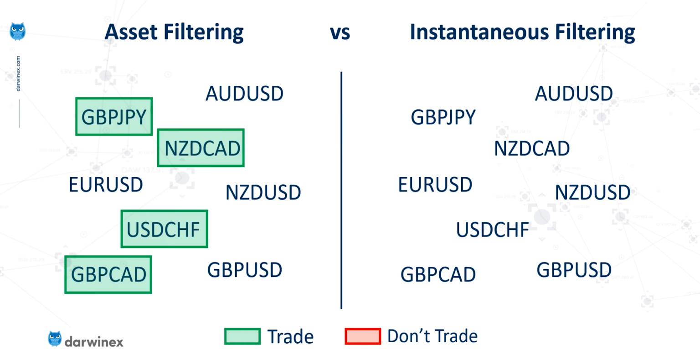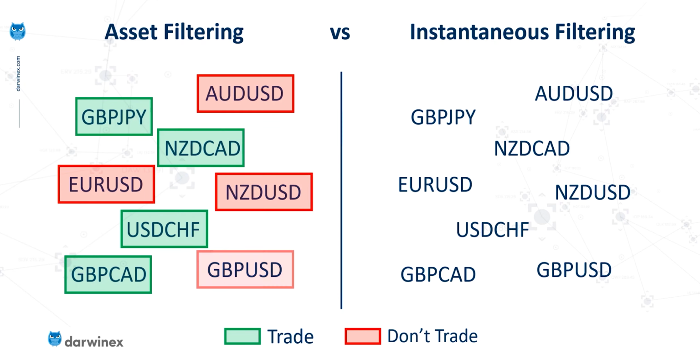And if you remember from previous episodes, we talked about the principle that very often mean reversion strategies are more suited to high noise assets and trend following strategies tend to be more suited to the low noise assets. So here we might choose to trade these 4 out of 8, and the other 4 we will not trade with a particular strategy.